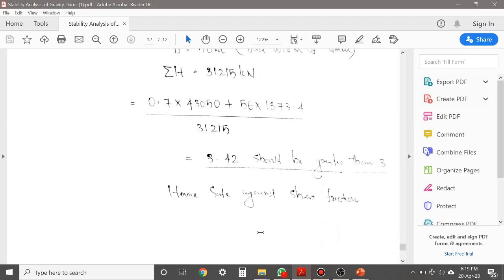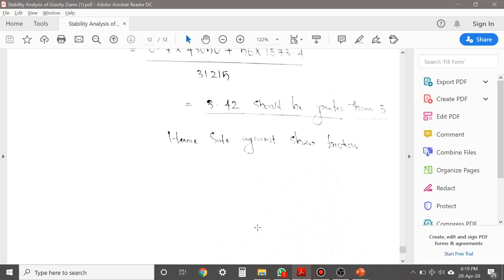So this is the end of our stability analysis problem. From an exam point of view, these stability analysis problems are very important. So you have to go through the entire portion of stability analysis very thoroughly. At the end of this week, I am going to give you an advanced assignment or assessment based on our stability analysis problem.